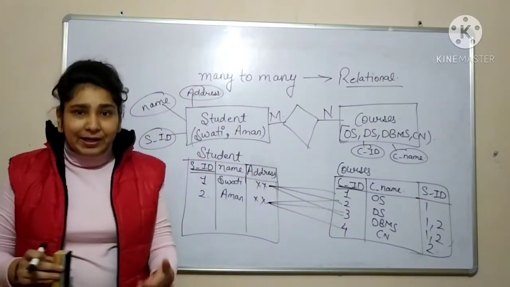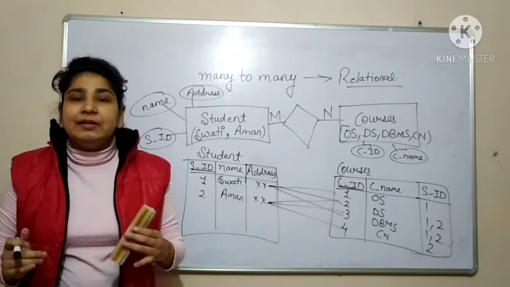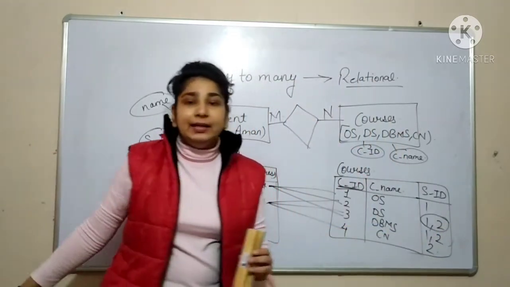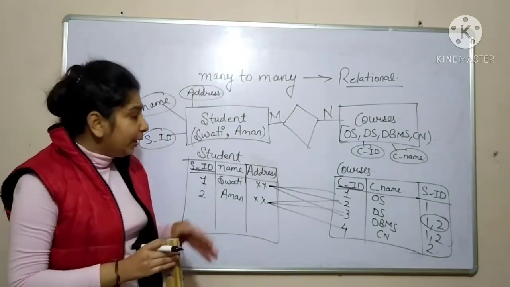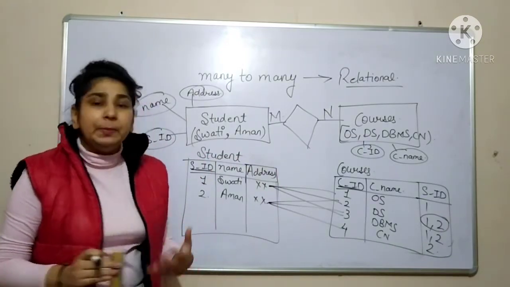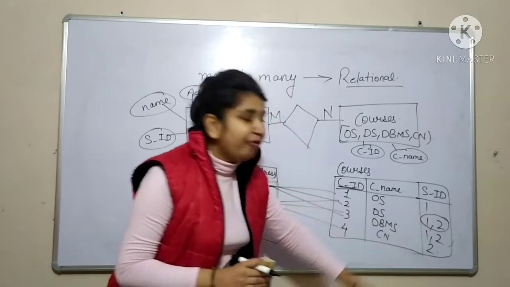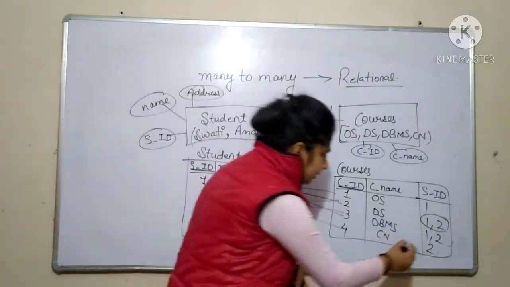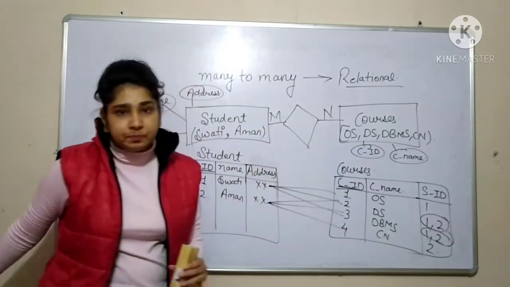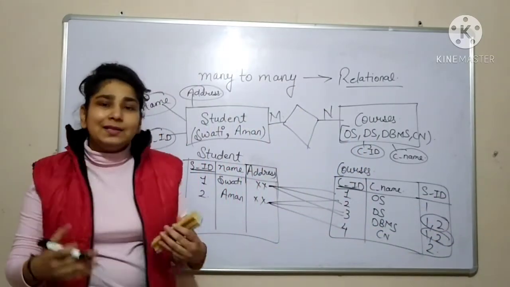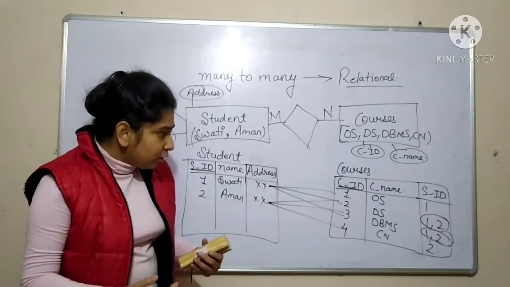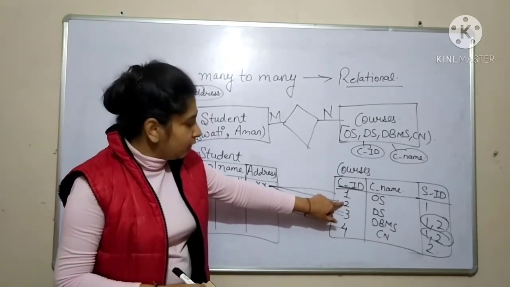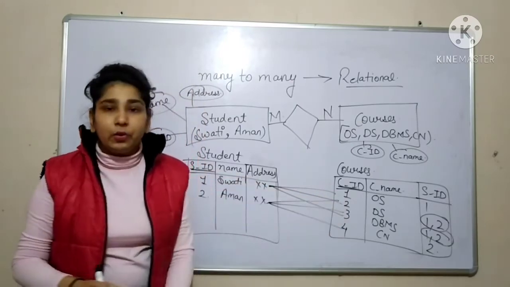This is how you will be writing the student IDs. But I already told you that we can never have multiple values in a single cell. We can never store multiple values in a single field or cell using commas like this. It is wrong. So what is the other option? The other option is you have to make 2 rows from this single row.